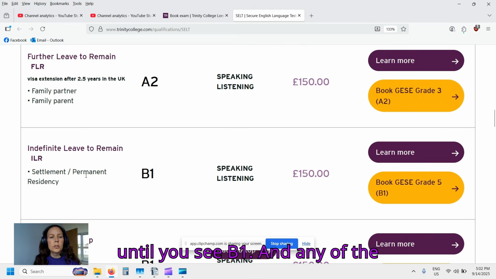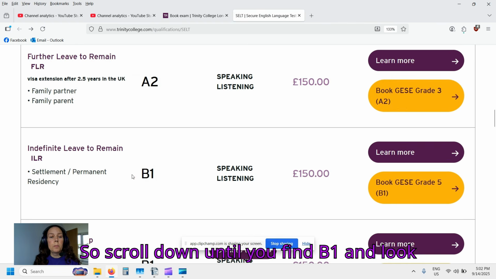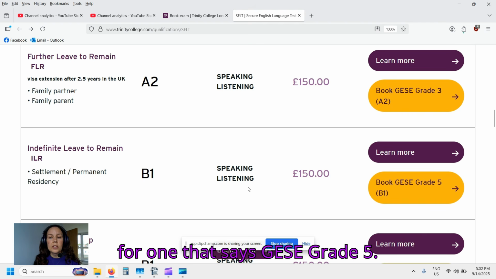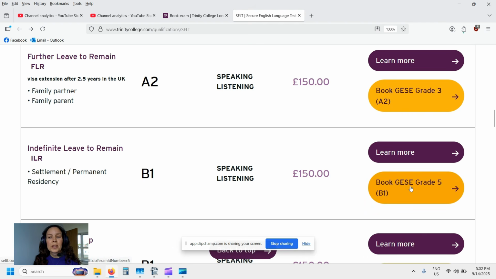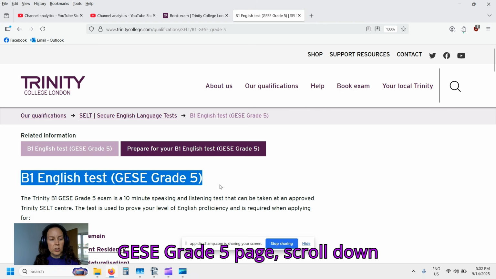Scroll down until you see B1. And any of the B1s are fine. Let's take this ILR. Just make sure that it says GESE grade 5. So scroll down until you find B1 and look for one that says GESE grade 5. Click Learn More. Once you're on the B1 English Test GESE grade 5 page, scroll down.